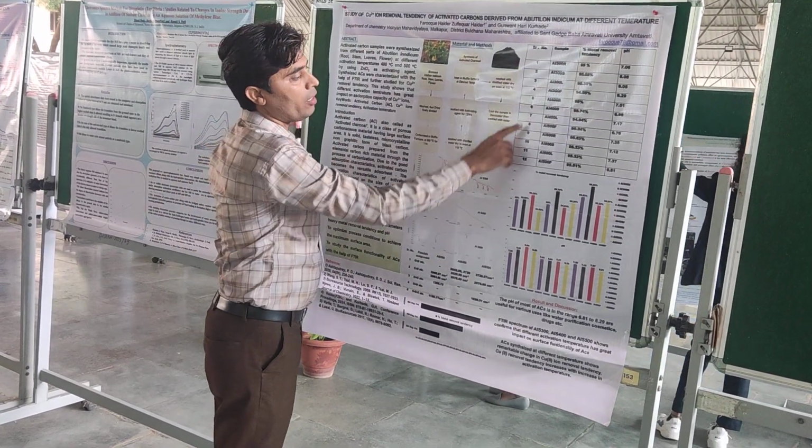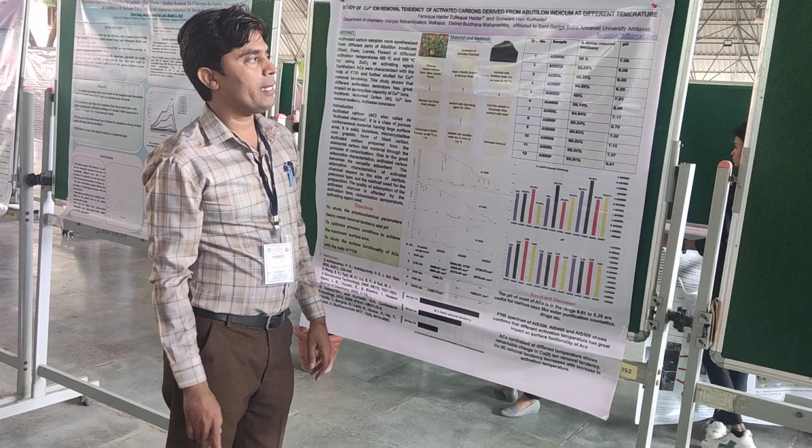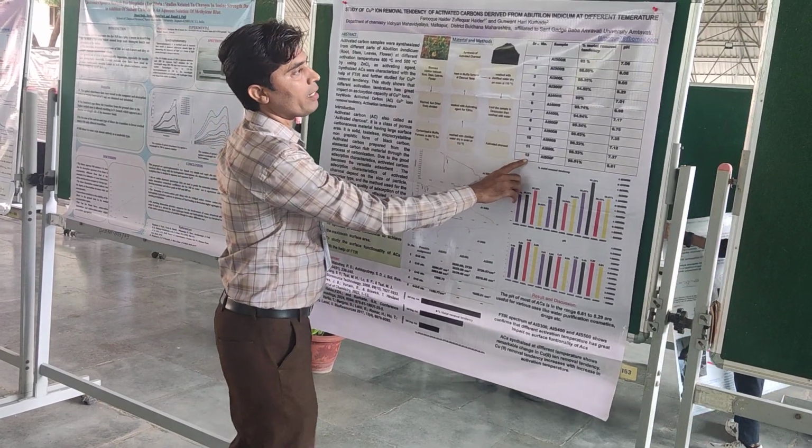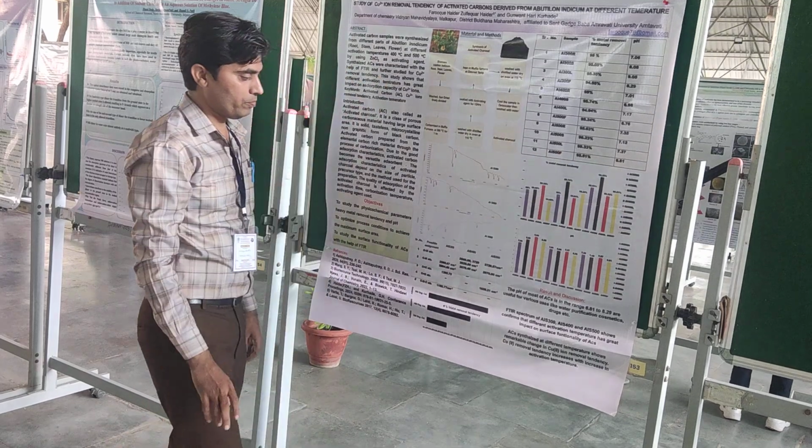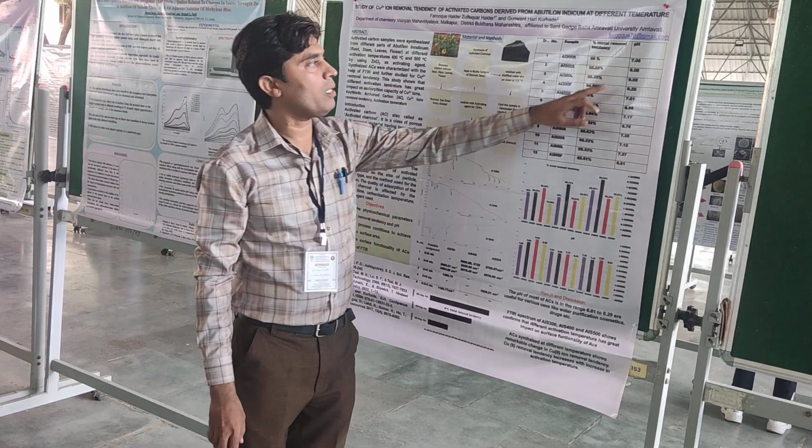Now, this table is regarding the metal removal tendency. We have prepared a total of 12 activated carbons, and these activated carbons have different metal removal tendencies and different pH. First of all, we talk about the pH.